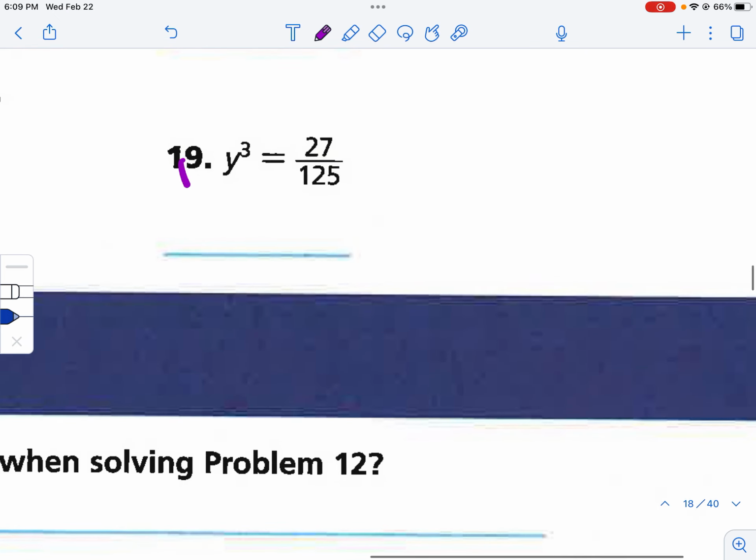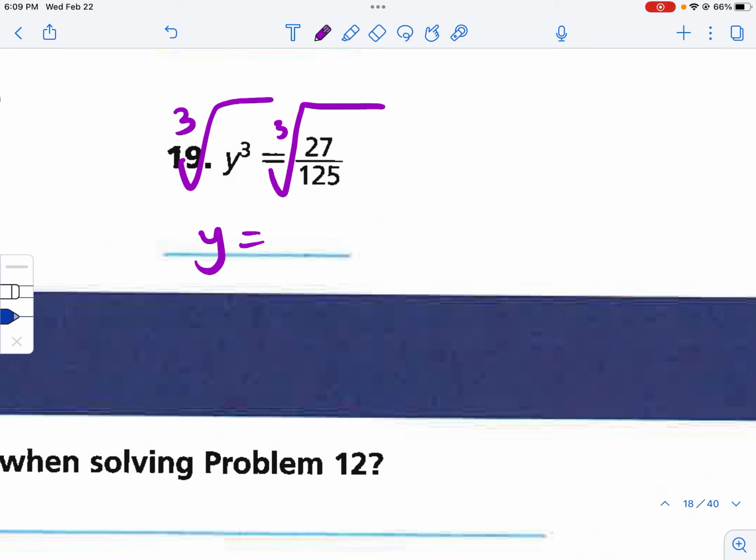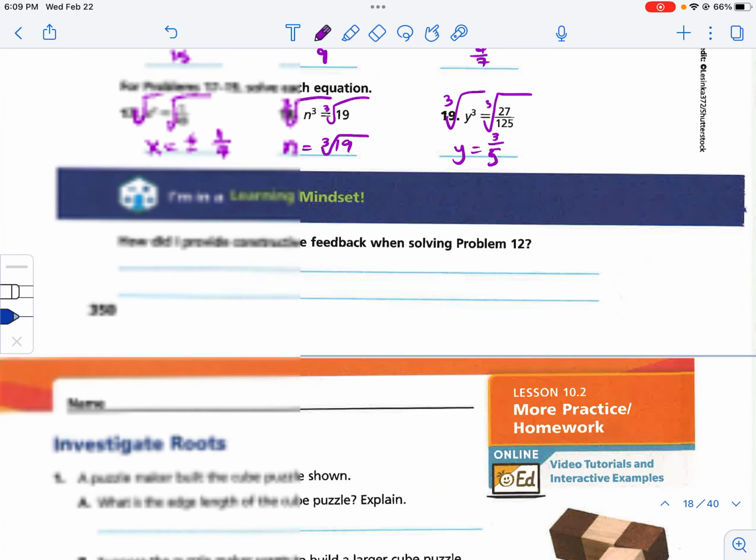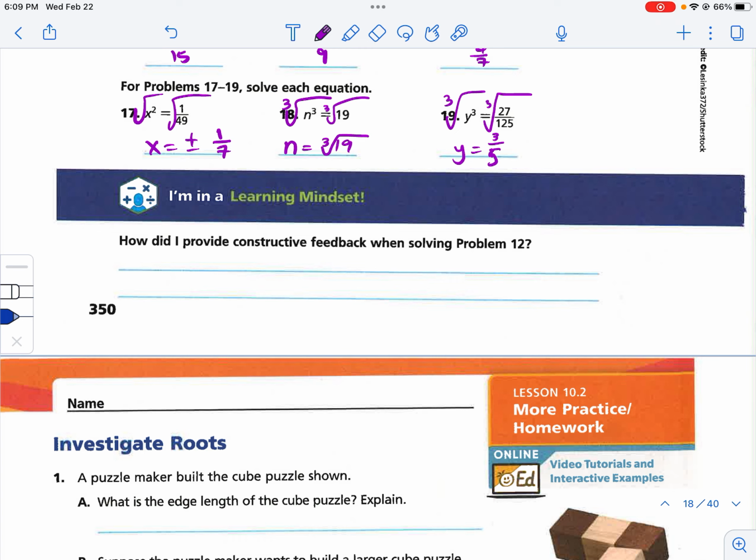Over here, I'm going to take the cubed root. I get y equals, what times itself gets 27? 3. What times itself gets 125? 5, so 5/3. Awesome. Okay.